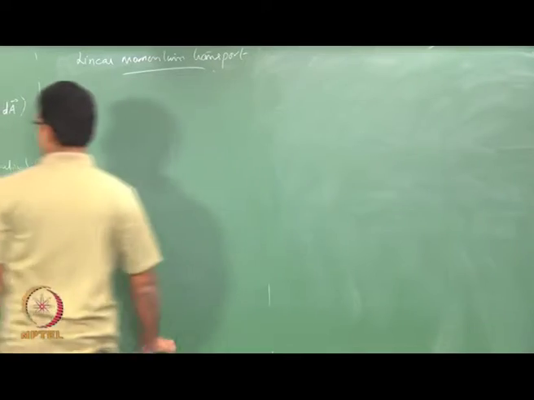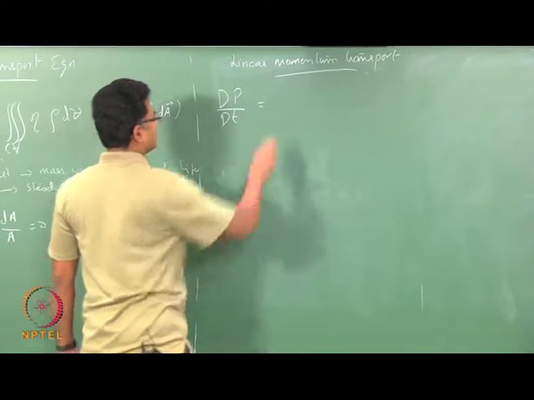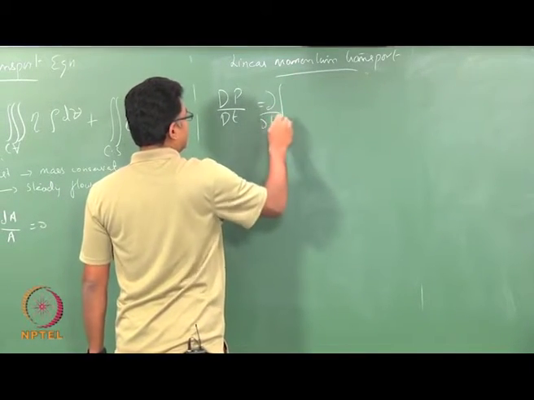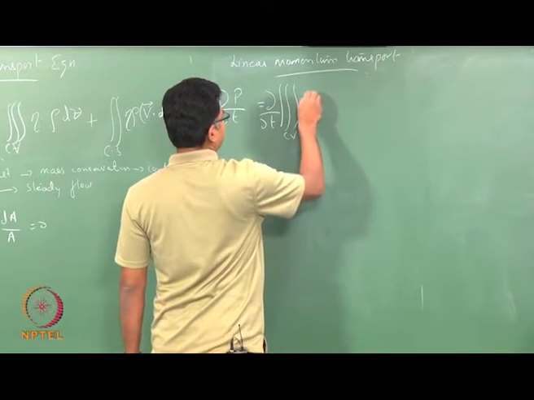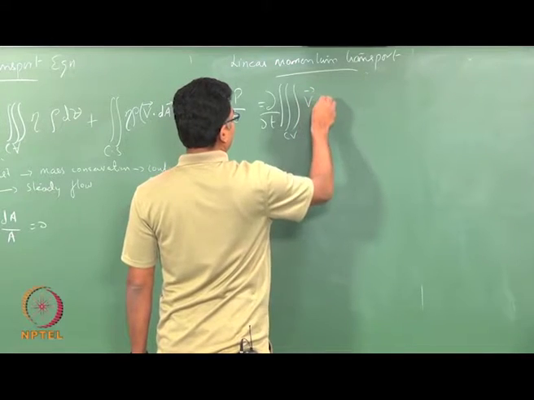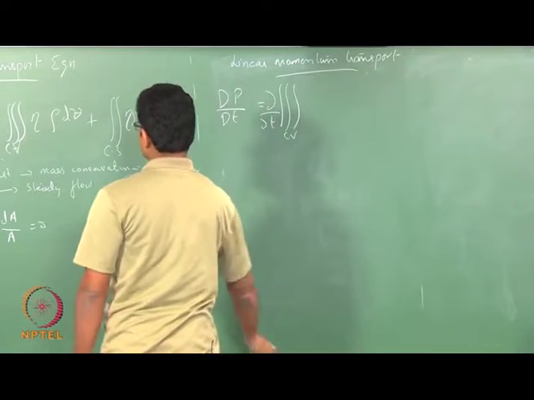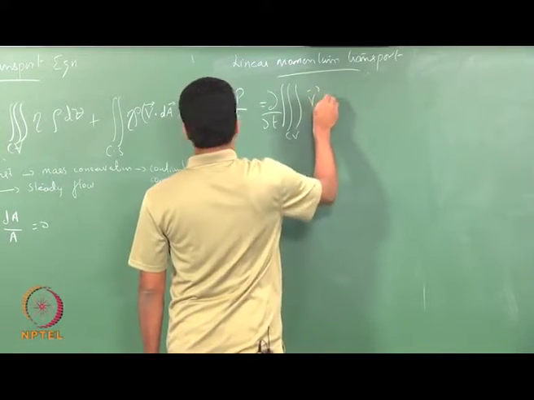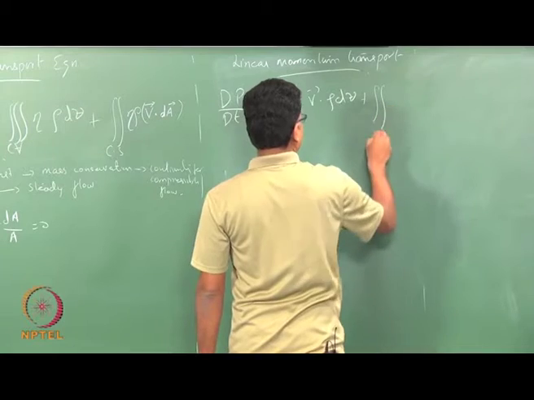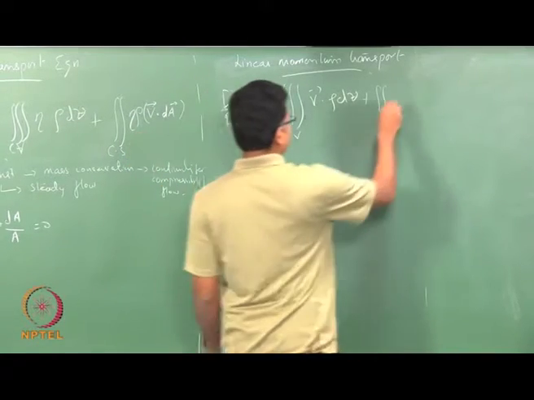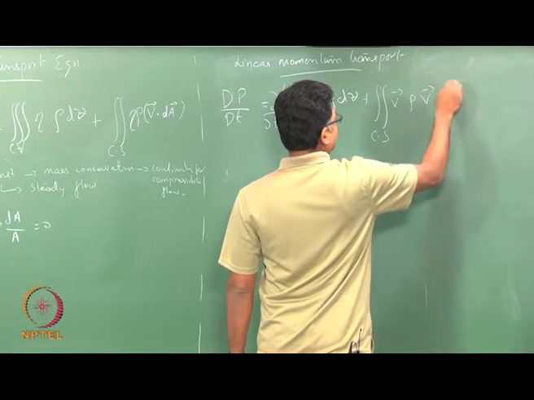So, we will write the equation that we had written a few minutes back, equals dou by dou t of the control volume integral, plus surface integral eta is V bar rho V bar dA.